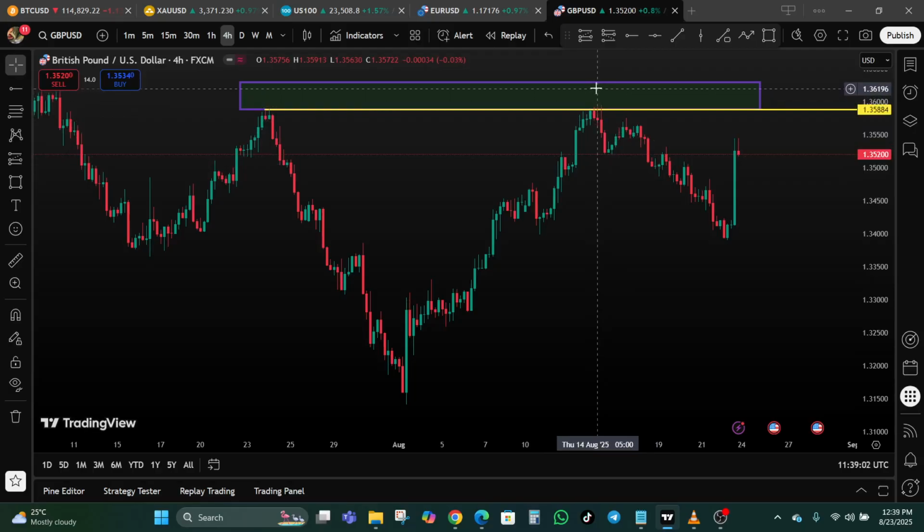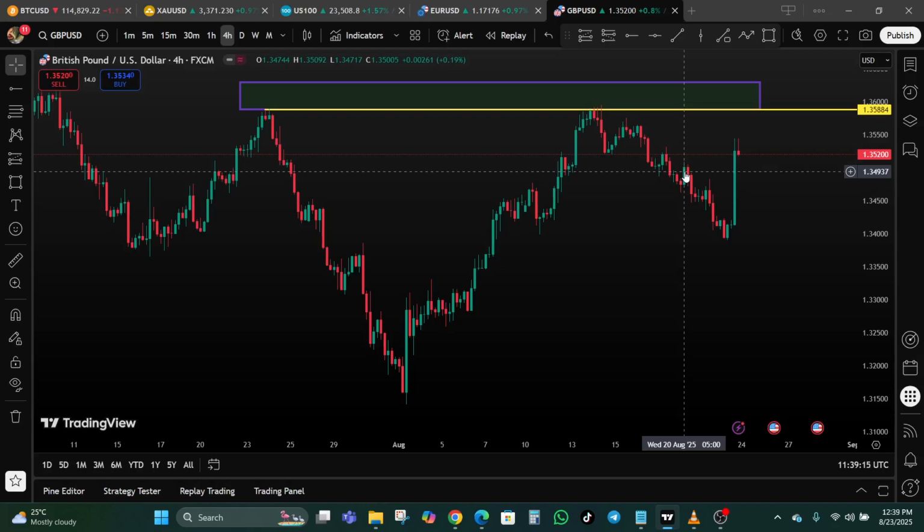Institutions know this, so price often pushes up into those stops to take liquidity before reversing in the intended direction. That process of price moving into those zones is what we call the draw on liquidity.